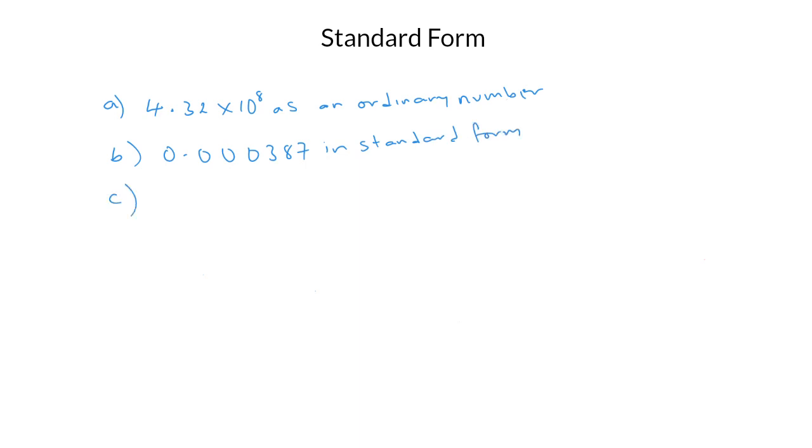And finally, I will ask you to check, even though it's not content I've covered now, which of these is the smallest number? 2.6 times 10 raised to the power of minus 3, and 1.9 times 10 raised to the power of negative 3, and finally, 3.4 times 10 raised to the power of negative 2.